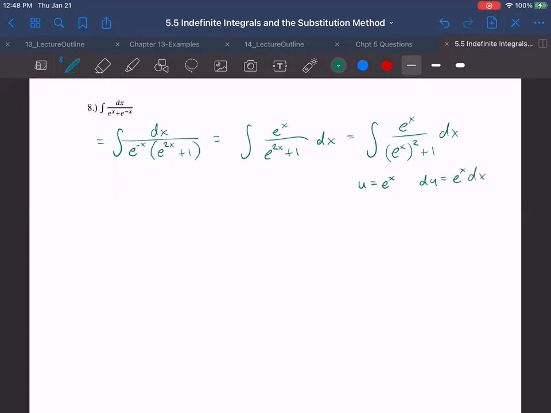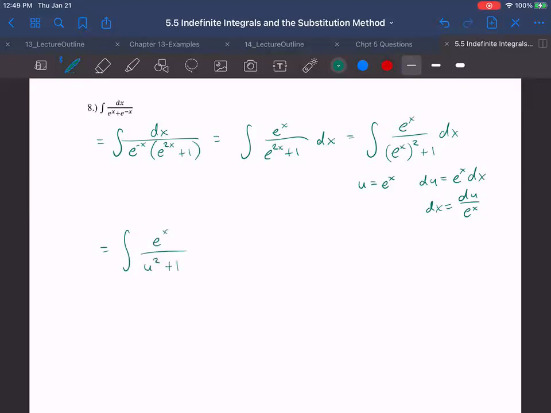And so we can do u equals e to the x, which gives us du equals e to the x dx, right? Which means dx equals du over e to the x. And if we come down here, I'm going to leave the e to the x in the numerator, and make this e to the x over u squared plus 1.